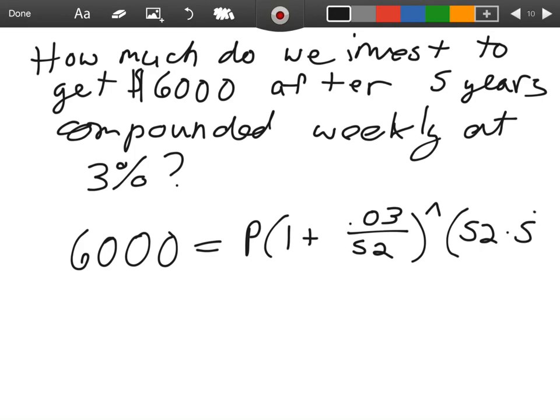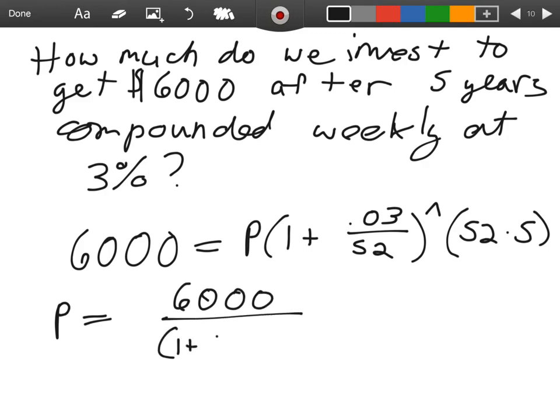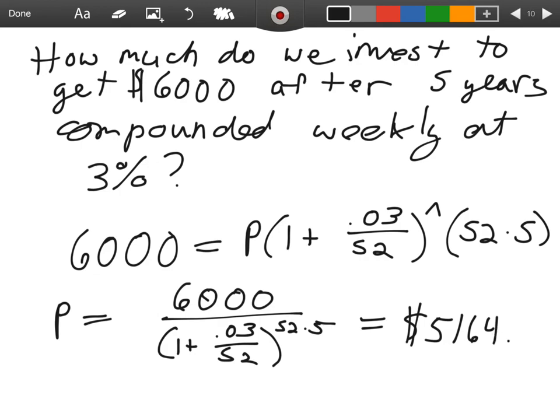So if I want to solve for P, it is 6,000 divided by 1 plus 0.03 over 52 to the power of 52 times 5. And if you do that, you get $5,164.47.